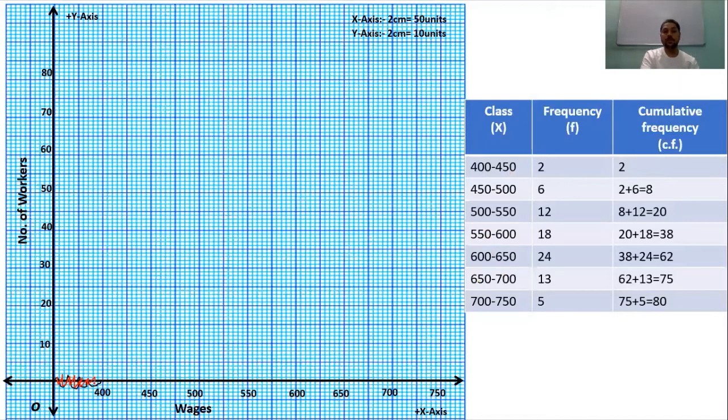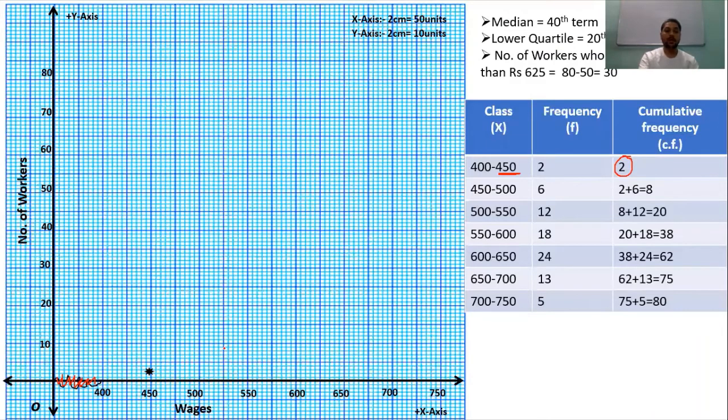Then we have the upper limit as 450, and according to that the cumulative frequency is 2. So first find the point where it is 2, then find 8, and then 20.